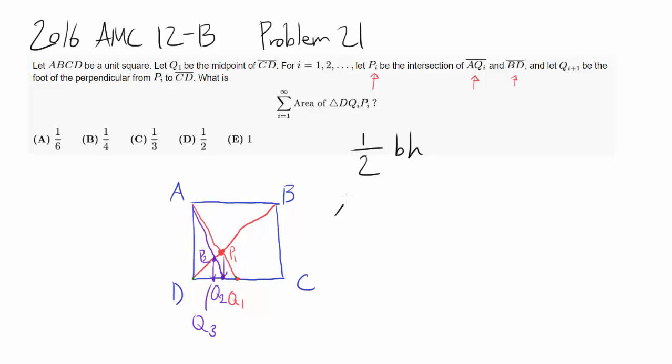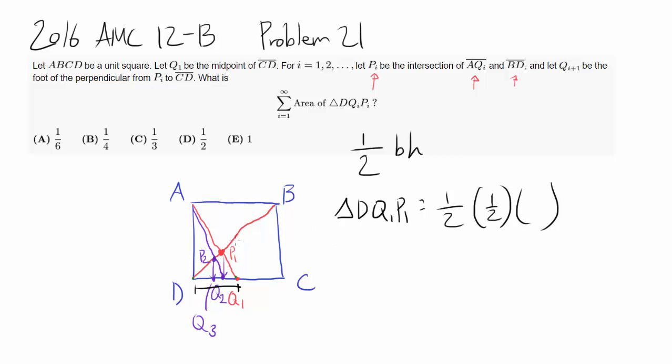So let's figure out the area of DQ1P1. What's the base? The entire length is 1, and DQ1 is 1/2 of it, so you have 1/2, which is the base, times height.